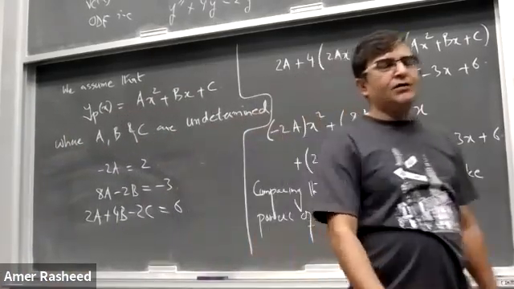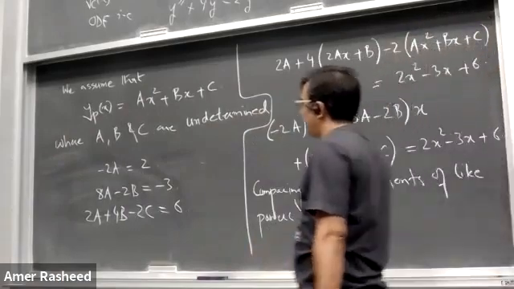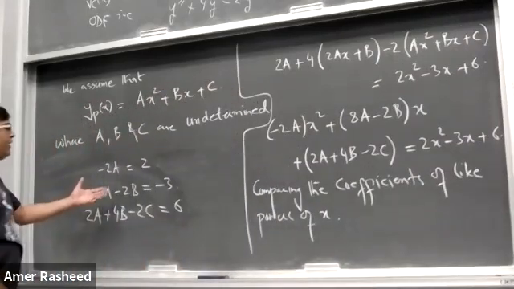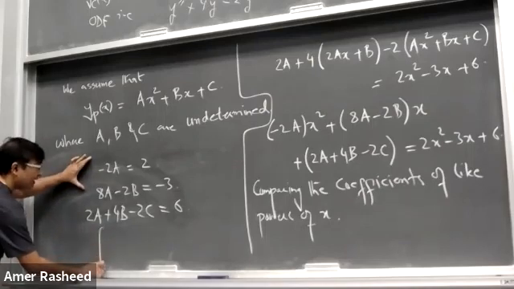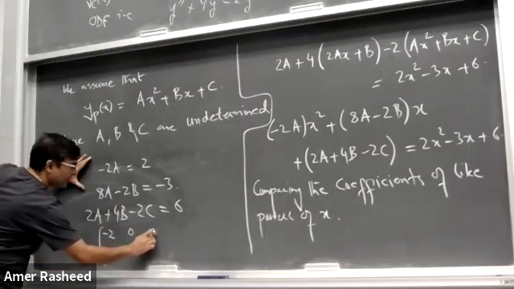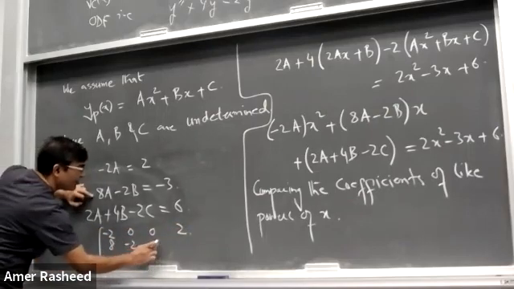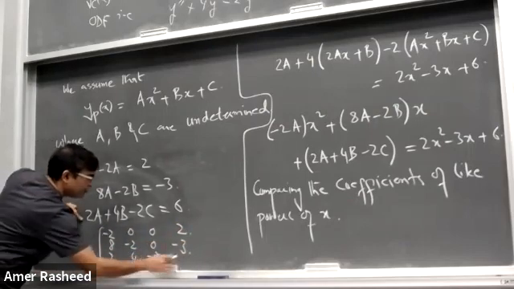Now these equations can be solved simultaneously, or you can write the corresponding non-homogeneous linear system. We can write a linear system out of this: negative 2, 0, 0, 2, and 8, negative 2, 0, negative 3, and then 2, 4, negative 2, 6.